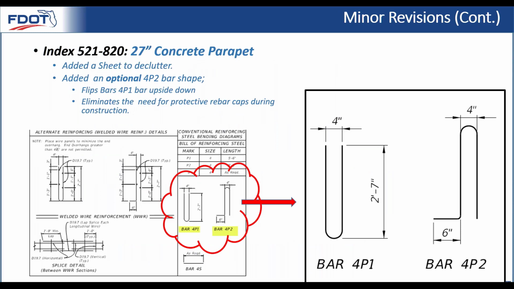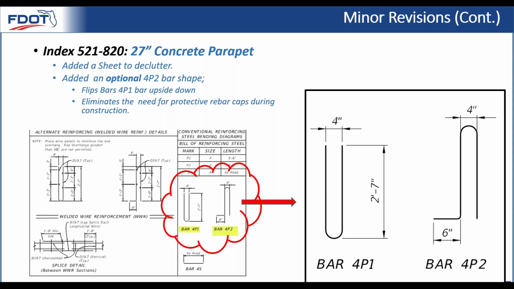Now this I debated on whether it was a minor or major. What we've done, per request from contractors, is we basically added a bar that is an upside down version of the 4P1 that was used. The open top was always because we knew we'd be drilling into the top to put anchor bolts for the bullet rails.